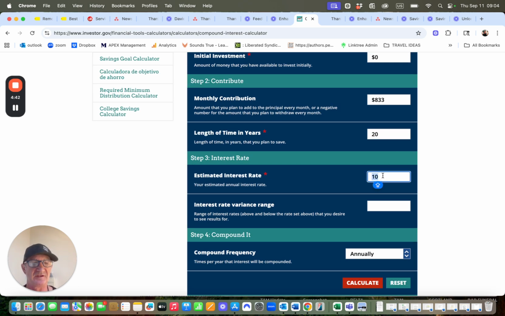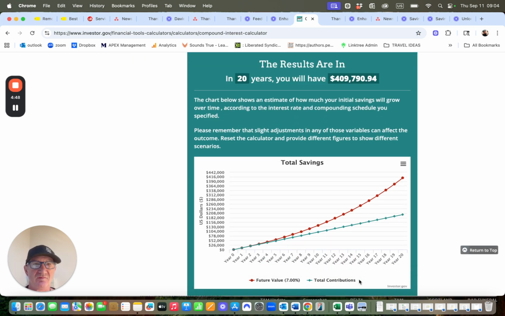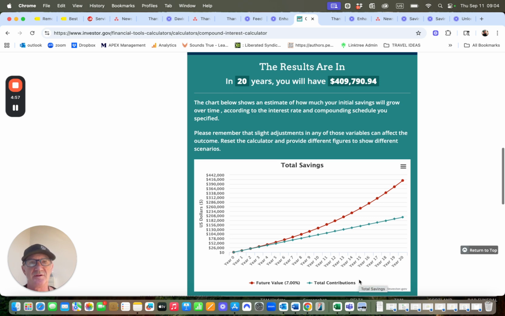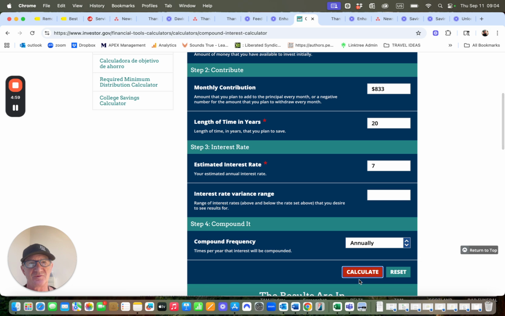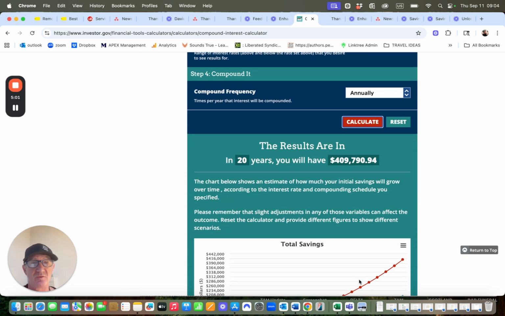What happens if you get 7%? $409,000. This is somebody who's saving $833 a month, and in 20 years, compounded annually at 7%, they're going to have $409,000. Makes you want to start again when you're young, right?